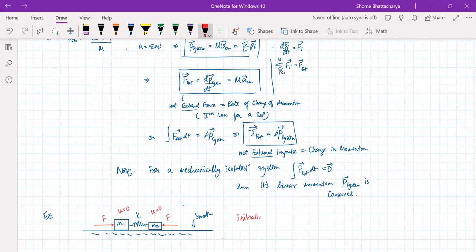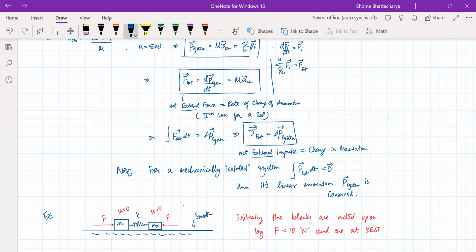Initially, the blocks are acted upon by F equal to, let's say, 10 newtons and are at rest.